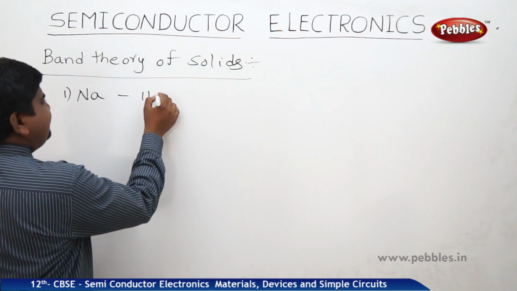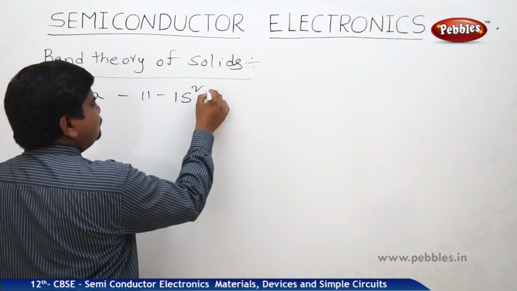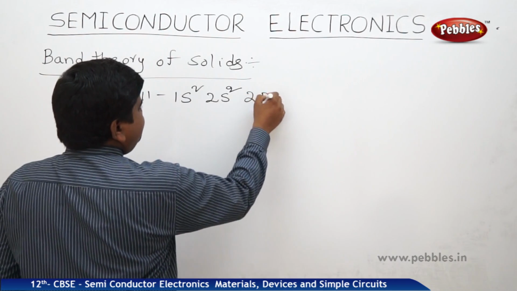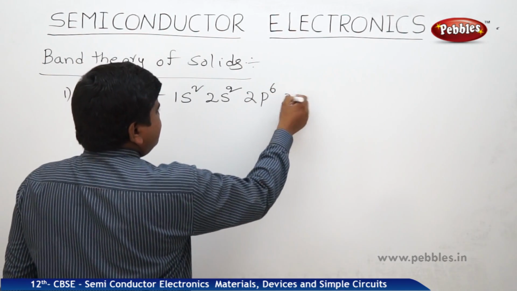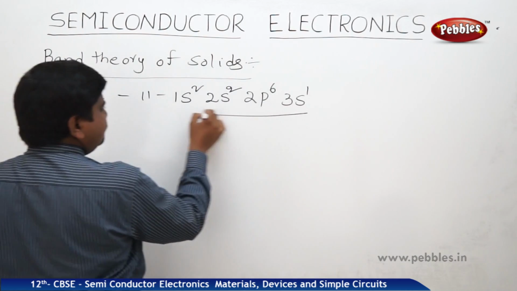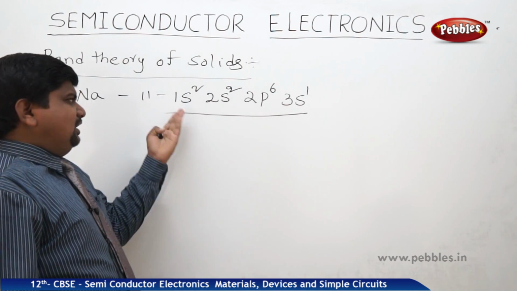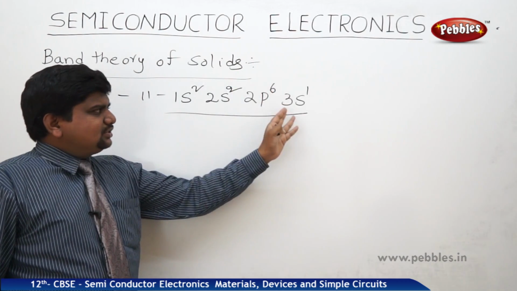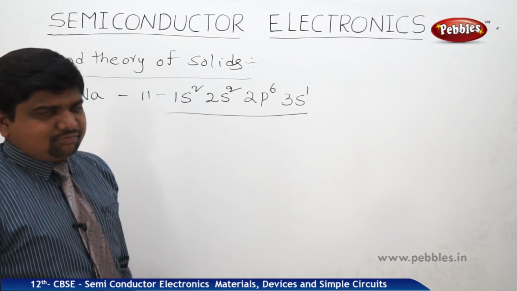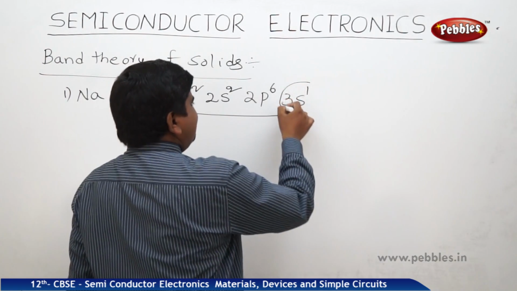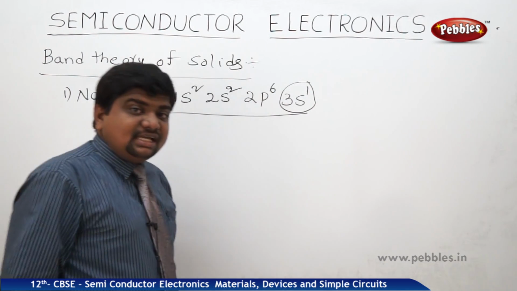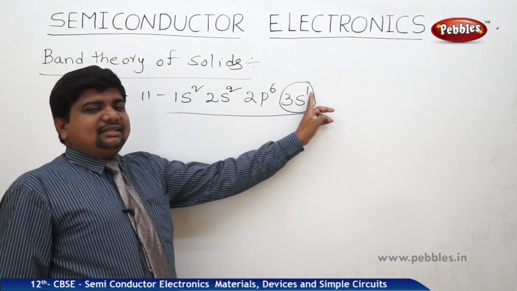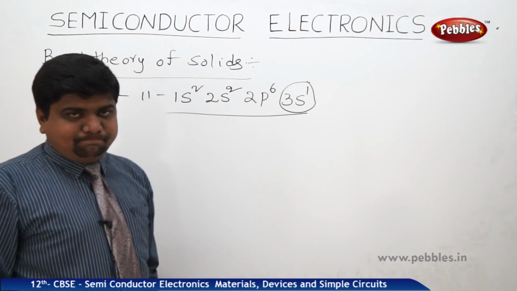Its electronic configuration is 1s2, 2s2, 2p6, 3s1. We can write this as 1s2, 2s2, 2px2, 2py2, 2pz2 and again 3s1. Means there is a 3s orbital, which is the outermost orbital. It contains only one electron around the nucleus.